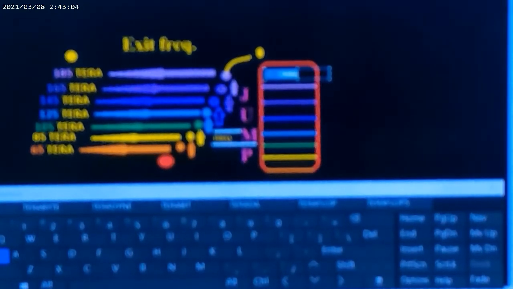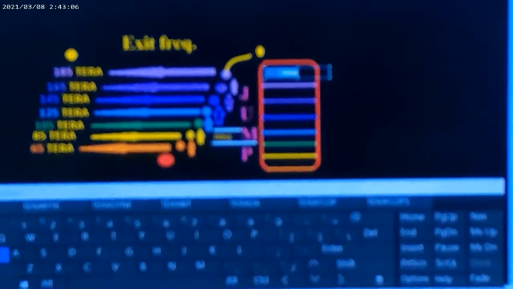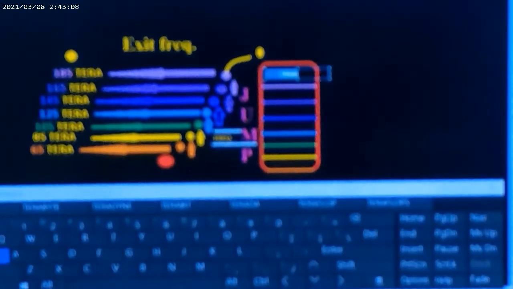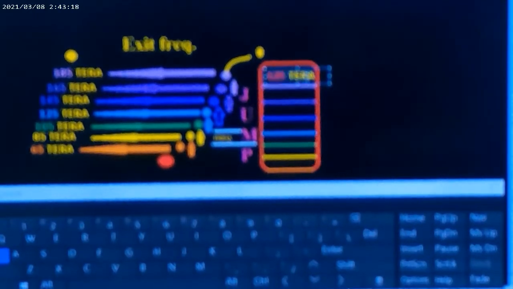Where is the font? It's supposed to be, here we go. We go with 18 maybe? That's too big. 14 maybe? I think that's gonna do it. Yes. With that pink.